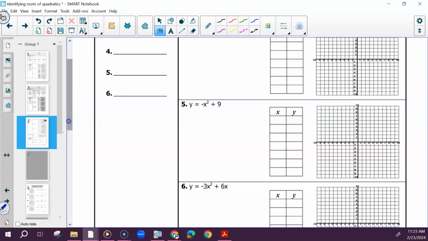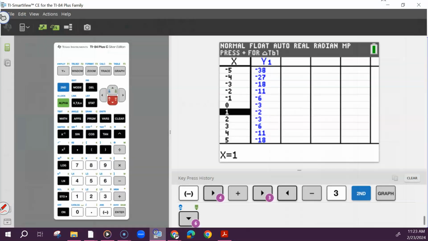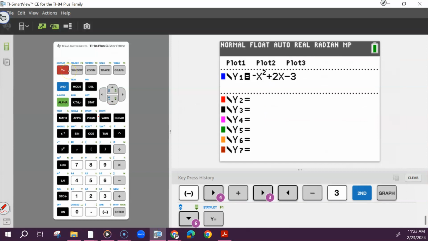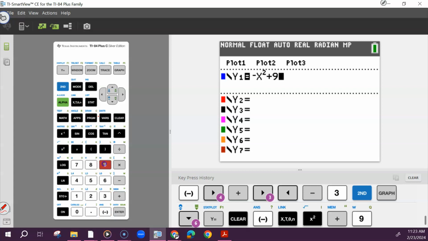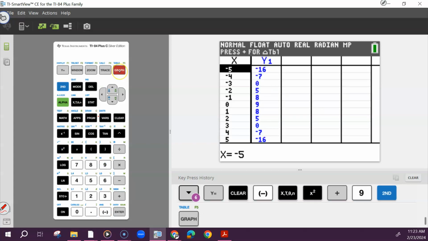So go ahead and put number 5 into your calculator, and find the middle of those points when you're looking at the table.